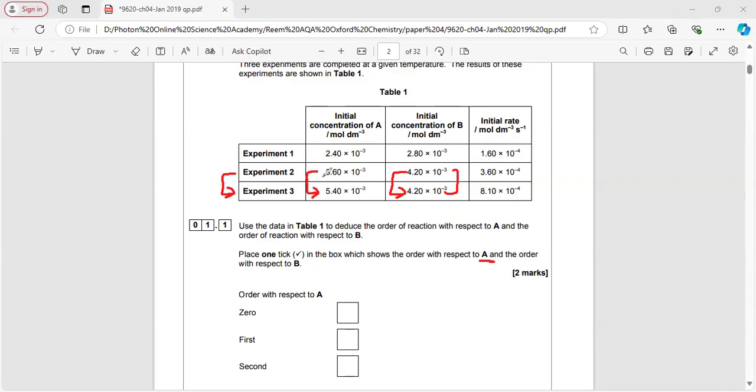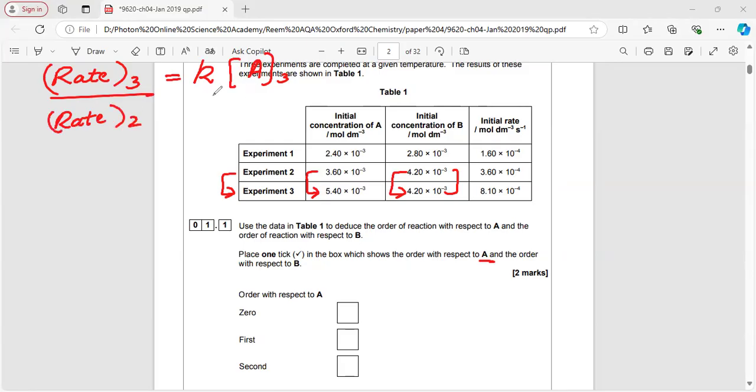So the rate of experiment number 3 is equal to rate constant times concentration of reactant A in experiment number 3, divided by the rate of experiment number 2, so I can find how much the rate is changing and how much the concentration is changing.